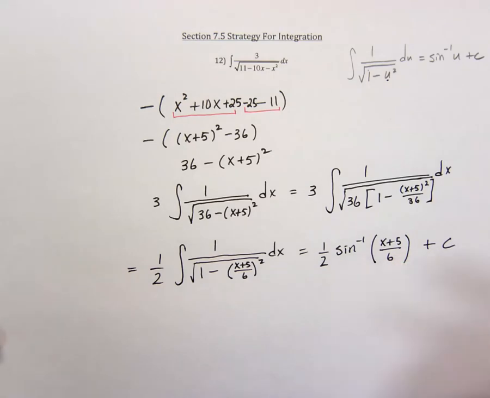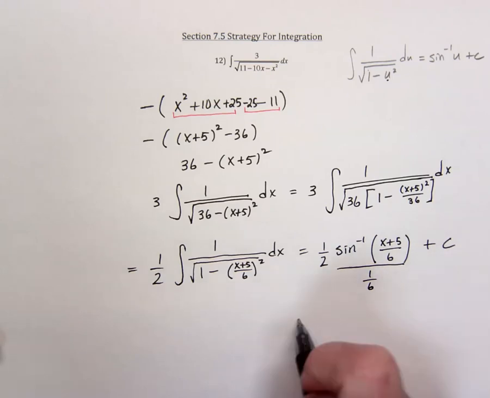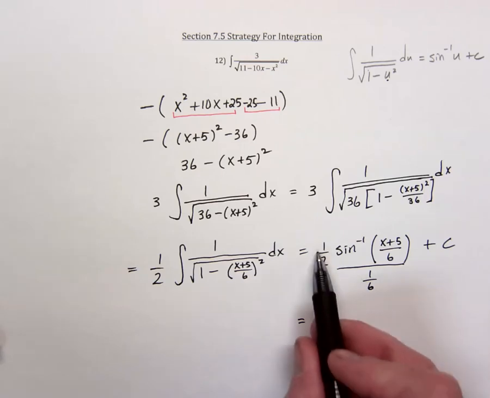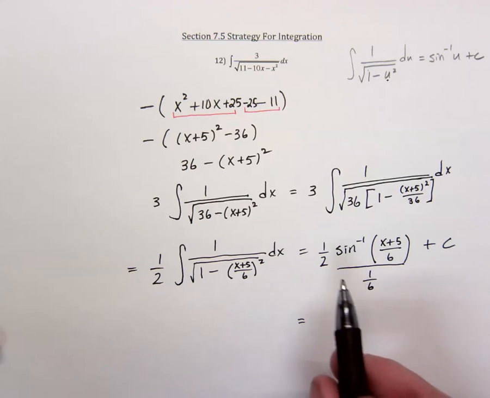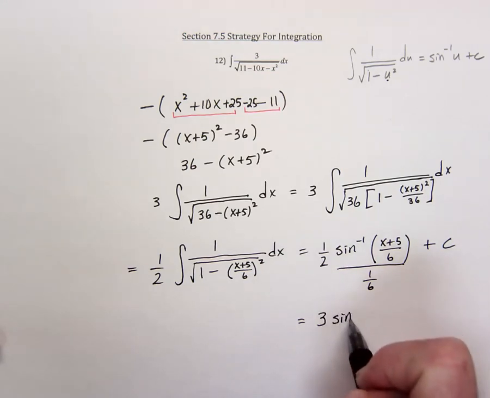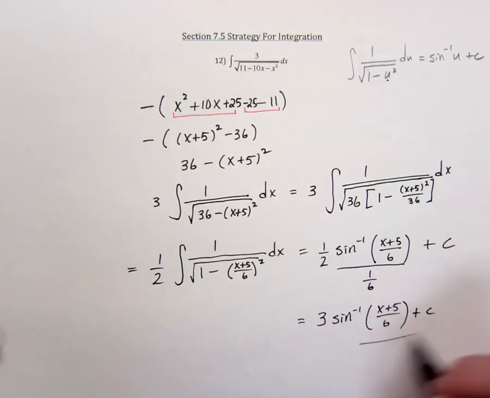Consequently, we need to divide by 1/6. Now we need to clean up these fractions, so multiply by 6 and multiply by 6. On the numerator and denominator, this would be 6 over 2, so that's a 3. Sine inverse of the fraction plus the c, and I'm liking it.